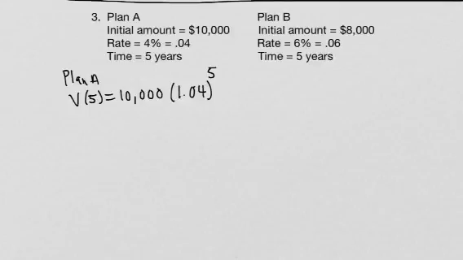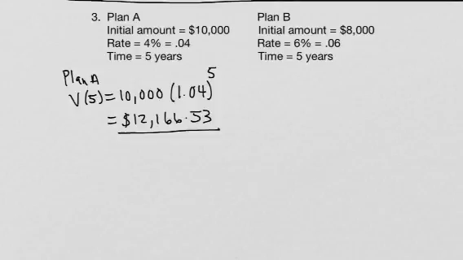I'm already adding the 1 plus r right here. Okay, so 1 plus 0.04 is 1.04. And so when you put that into your calculator, you get $12,166.53. Okay, so here's plan A.